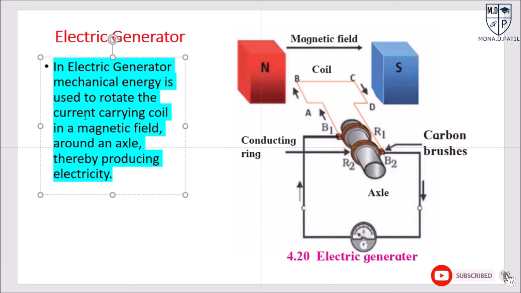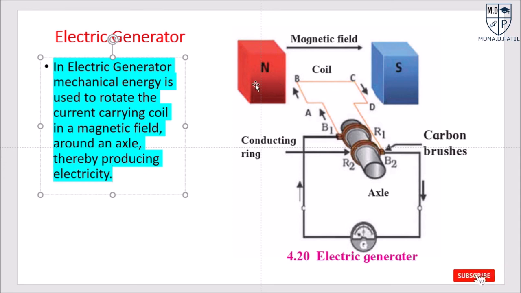So the electric generator works on the principle that mechanical energy is converted into electrical energy, and in the electric motor electrical energy is converted into mechanical energy. Okay, and this is actually the difference in both.